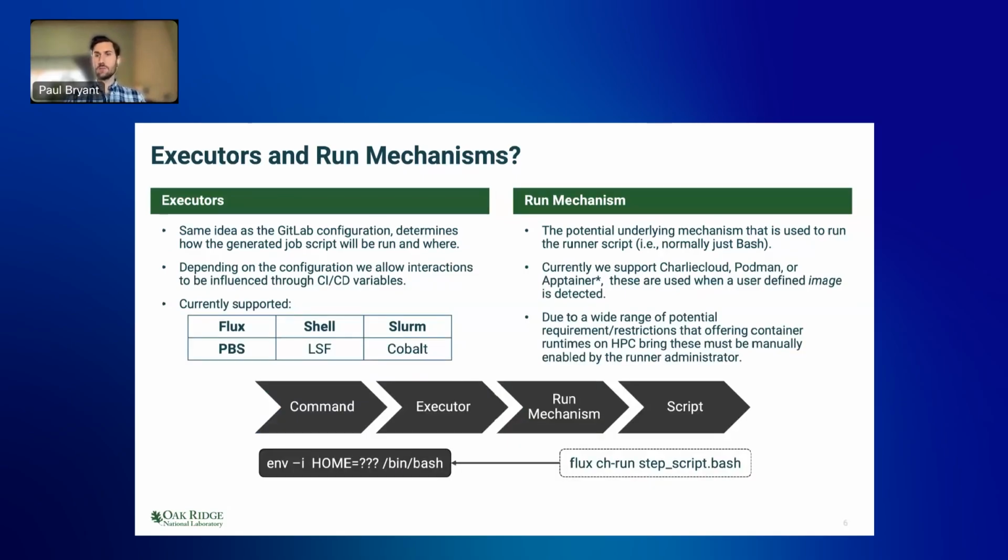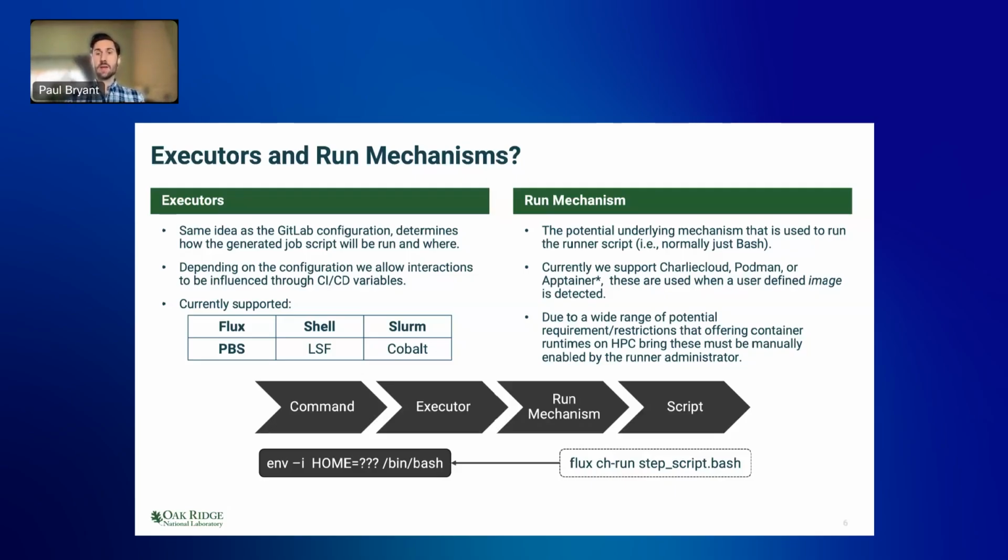In the case of the Slurm executor, every CI job it runs will equate to a single job submission to Slurm. There's an exception to that we'll go through in the tutorial called scheduler actions. That is exciting, and gives you a little more flexibility. But for the most part, it is a one-to-one relationship.